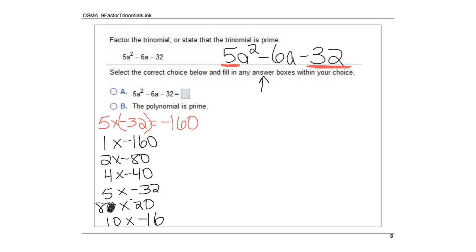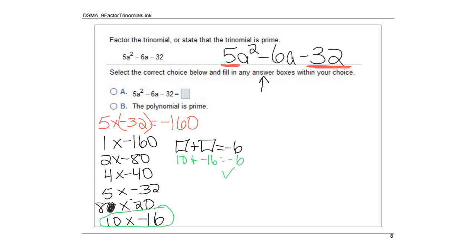I just keep going because what I need is 2 numbers that when I add them together, I get to that -6 up there. Okay, so I'm going to have to use these 2 down here. Right? If I take 10 times -16, I get the -160 I need. If I take 10 plus -16, I get the -6 that I need.